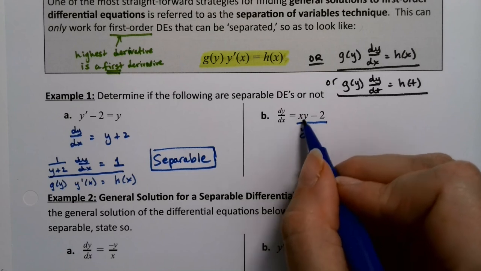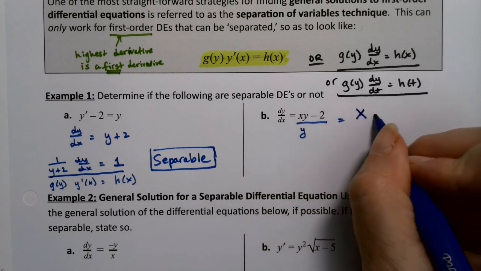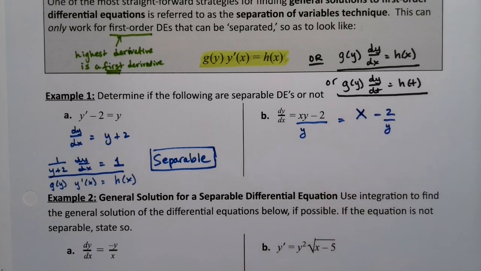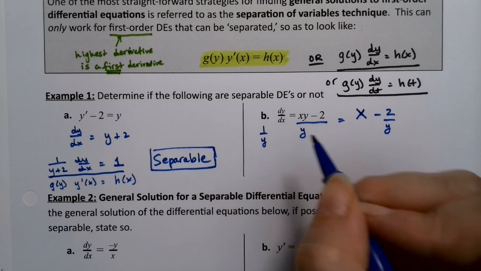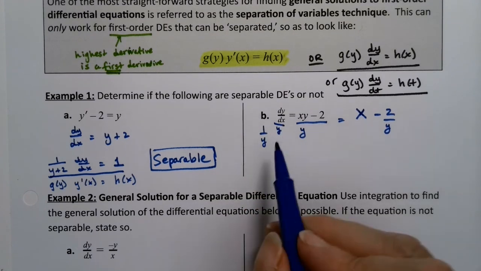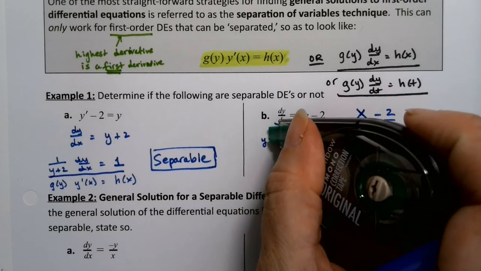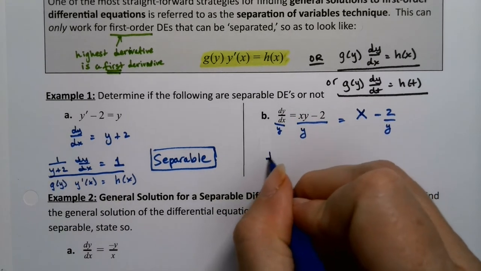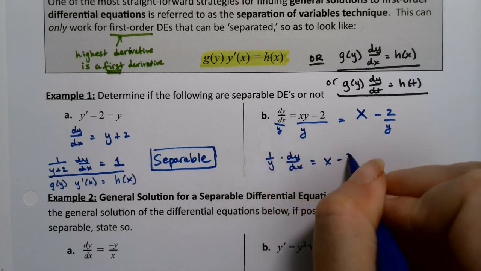So y will cancel out of this one, but it'll leave me x, which is great, minus 2 over y, which is not great. So I'll have 1 over y over here, because I'm dividing everything by y. So 1 over y times dy/dx equals x minus 2 over y.